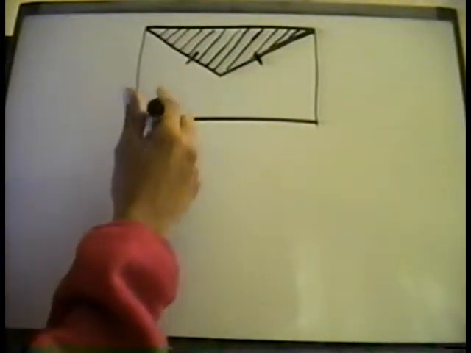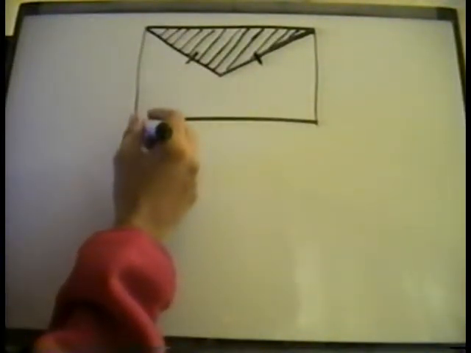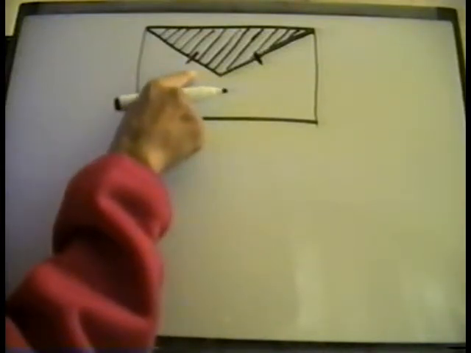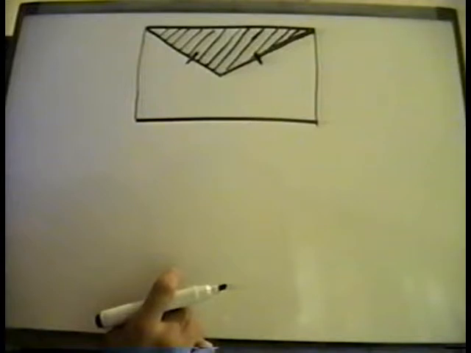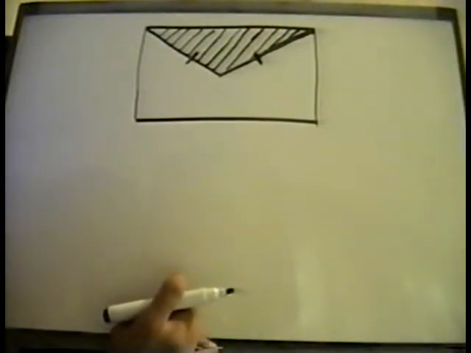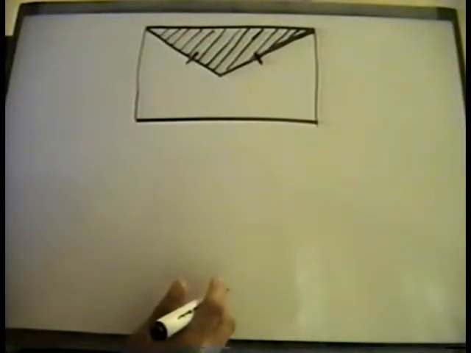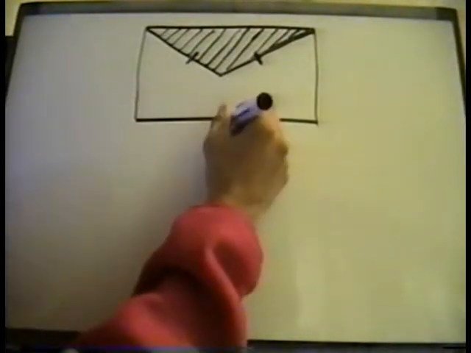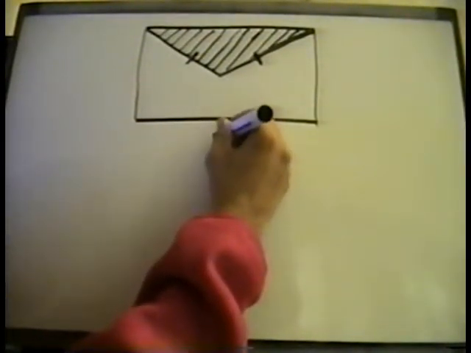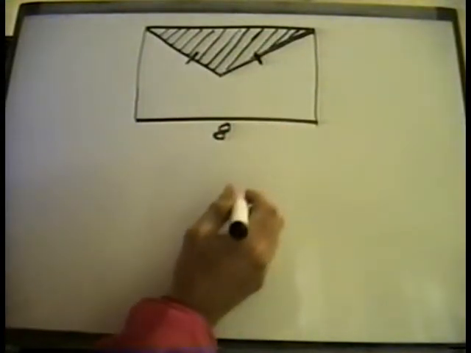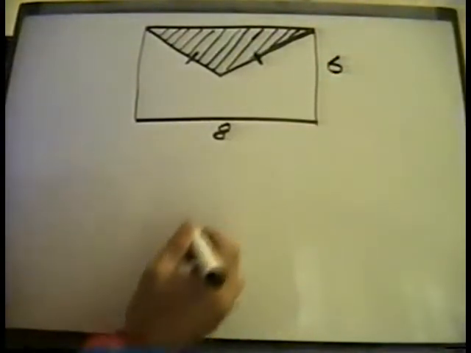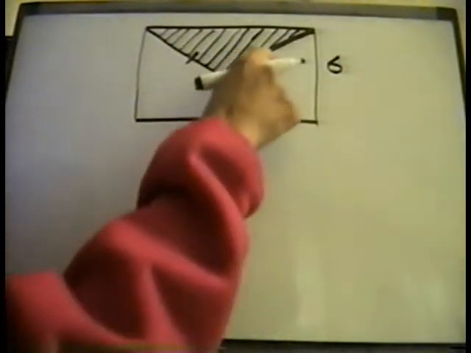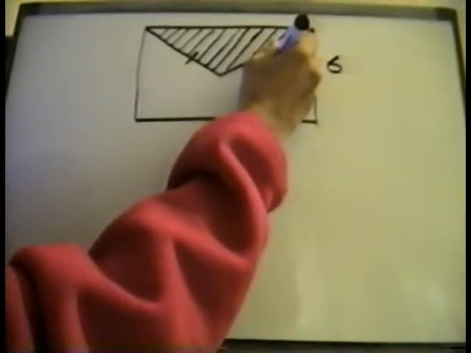So here, we say this triangle is an isosceles, has 2 equal sides. Here we're going to say the rectangle has a length of 8 and a width of 6. Okay, and each side of the triangle is 5.